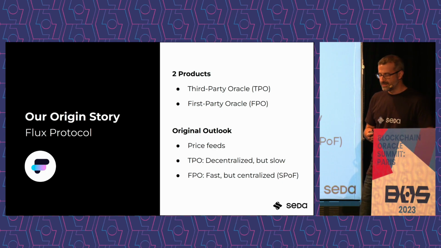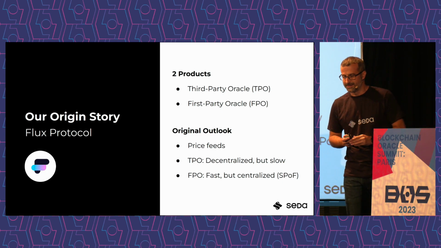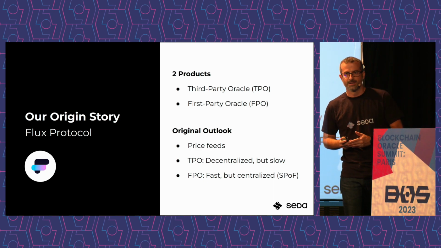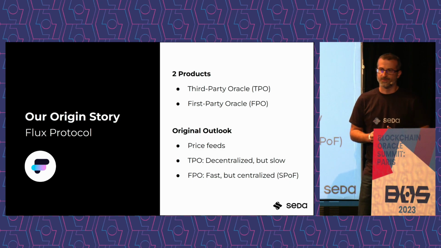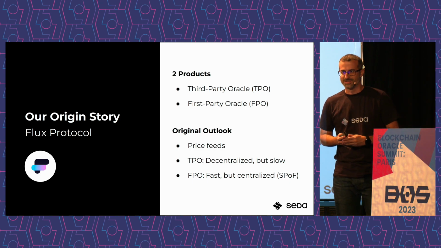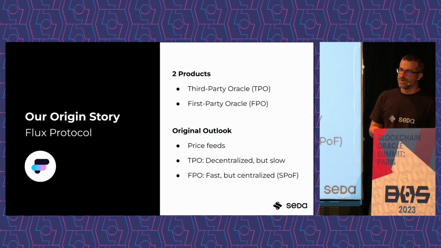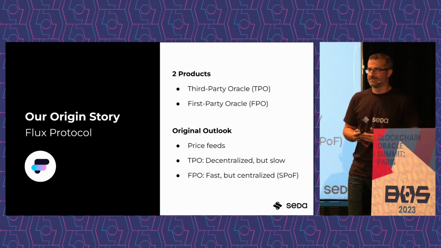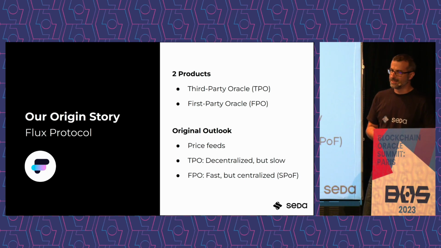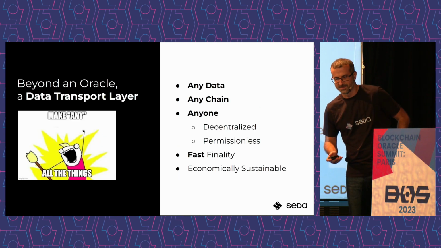I also wanted to highlight that we managed to have quite a success with this FPO. Last year, for a period of time, we managed to secure over $3 billion, which was insane for us. But it made us think maybe it was not the right approach, because this cannot scale horizontally. And that's one of the main reasons why we decided to build SEDA protocol.